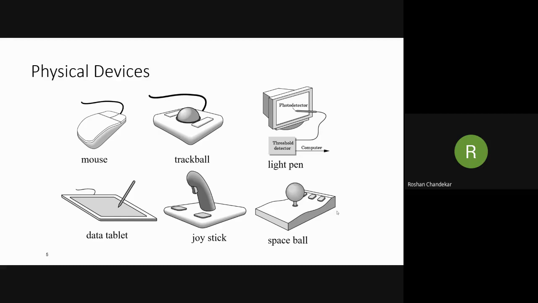The next one is the trackball. The trackball has two potentiometers. There is a ball, and when the ball is rotated, the cursor moves left, right, top, and bottom.